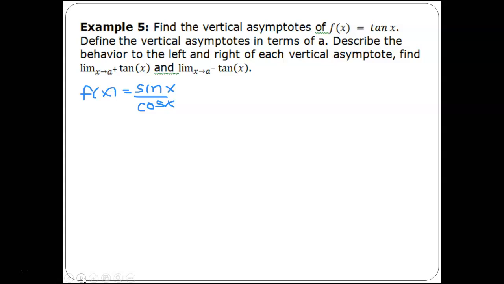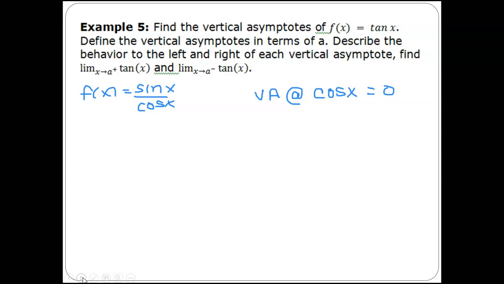If I see that it is a fraction, then I know that there are vertical asymptotes at the cosine of x, the denominator, equaling 0. This is why we took the unit circle test. You need to know very quickly what x values the cosine of x equals 0 at.